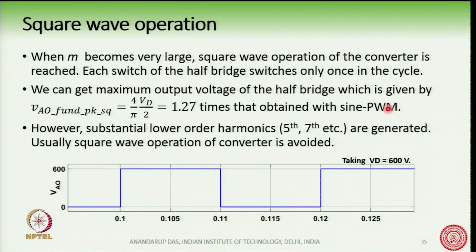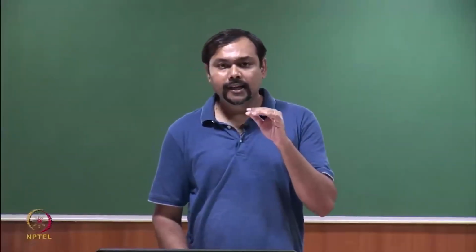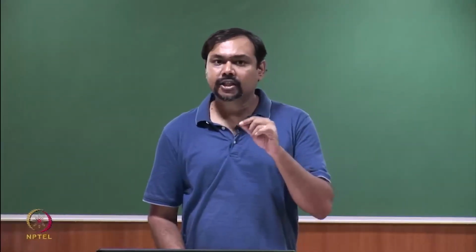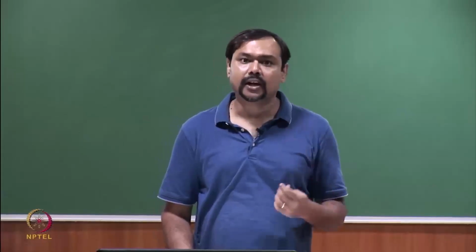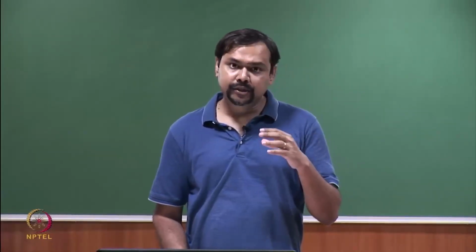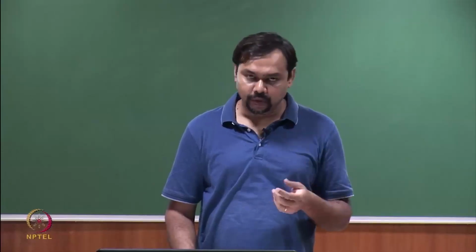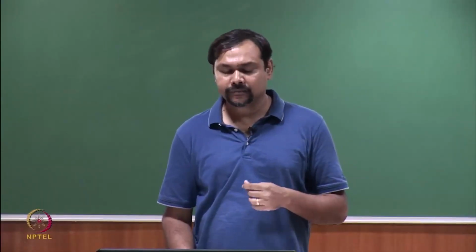So, this region between 1 and 1.27 is part of over modulation. Later we will see that by injection of triplen harmonics or third harmonic, it is possible to extend the linear modulation by 15% more. We will come to that later.